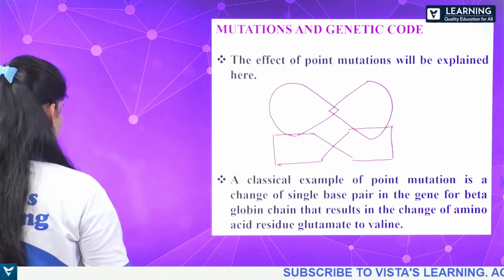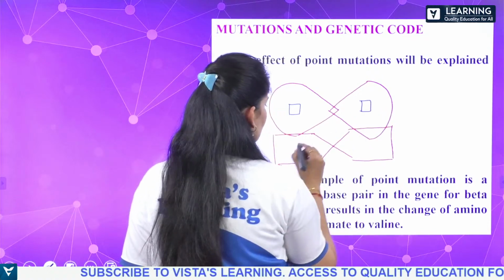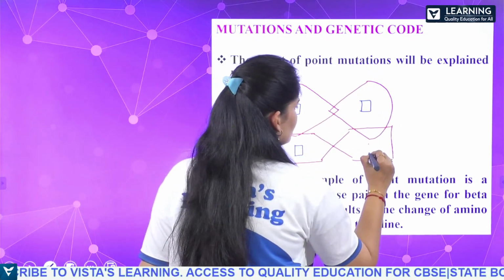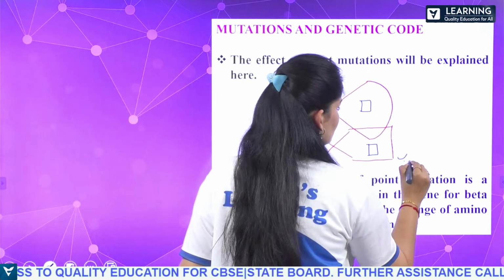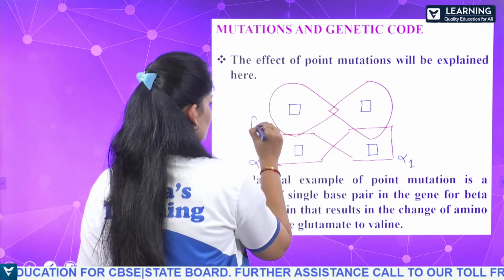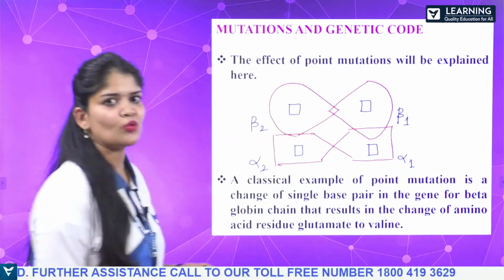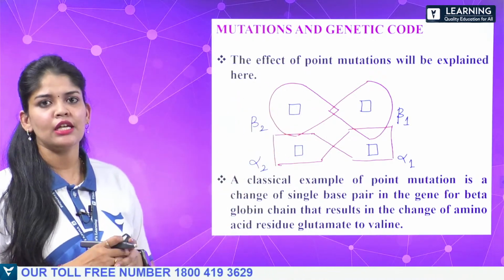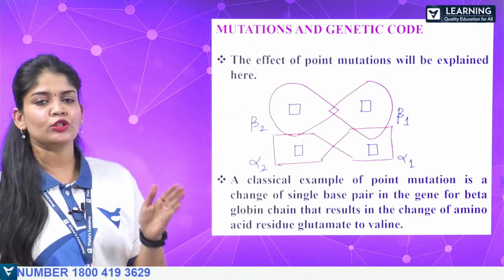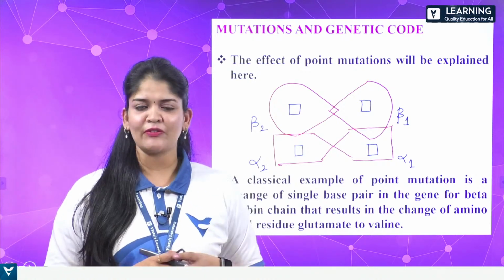Here is a protein part and here is a heme part. So we have 2 alpha globin chains and 2 beta globin chains, so alpha 2 beta 2, a tetrameric structure in the case of hemoglobin.